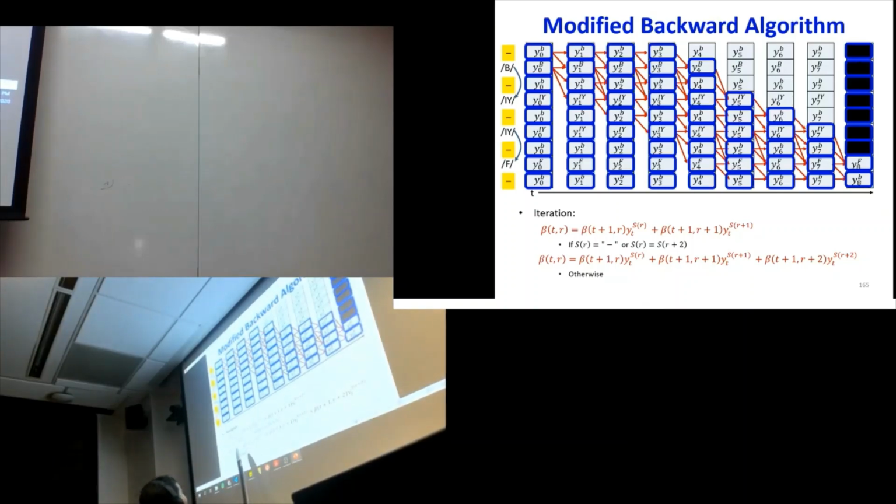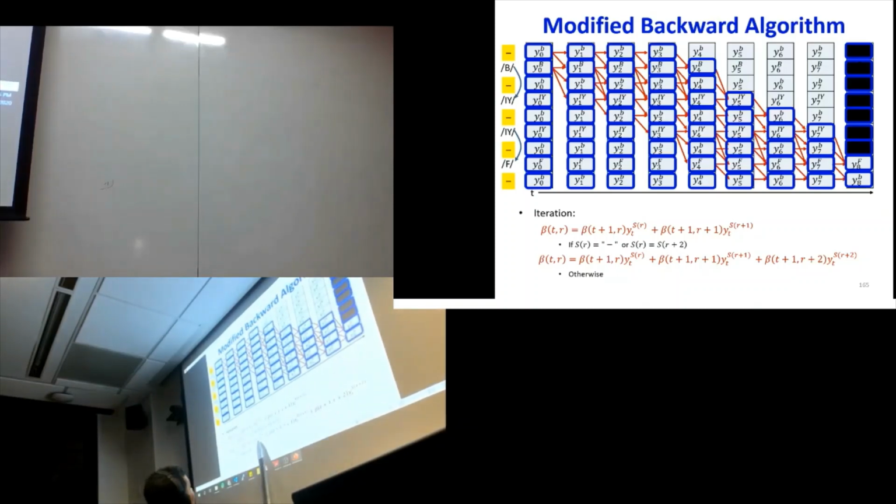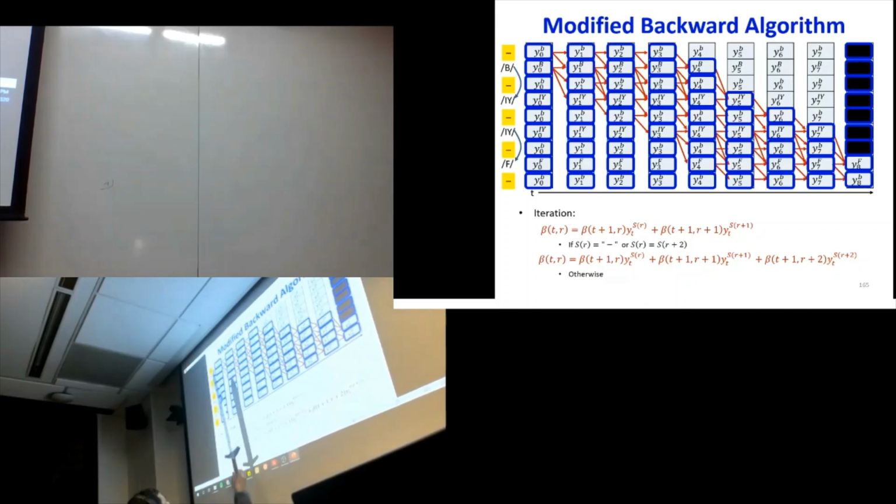On the other hand, for other rows like the second E or the B, where the next symbol is not the same symbol as this one, you actually have three successors. So you can either transition horizontally or go into the subsequent blank or skip the blank and go into the next symbol. So now you must actually sum over three beta values to compute the beta up here.